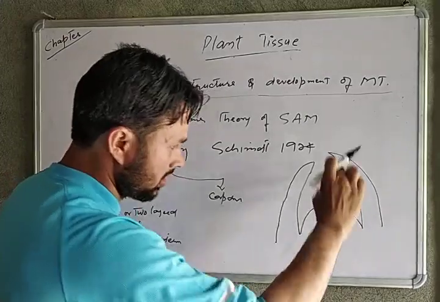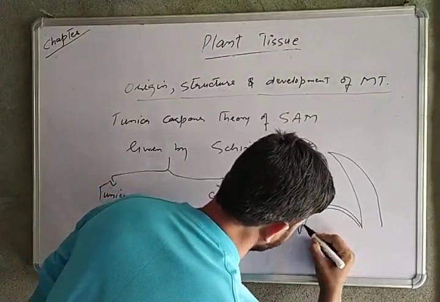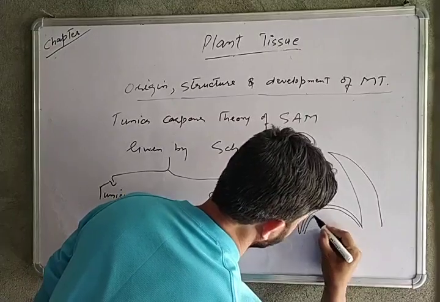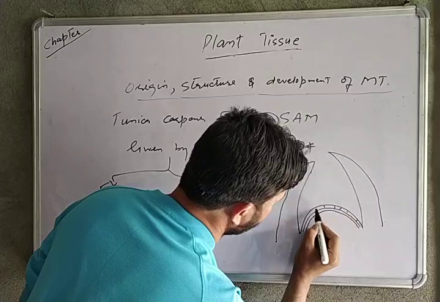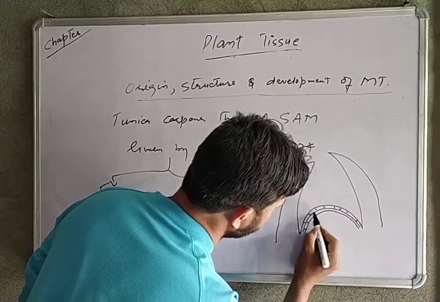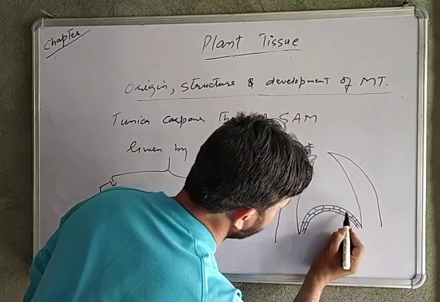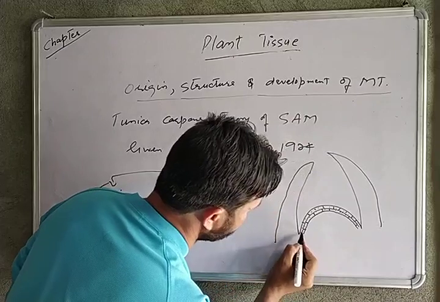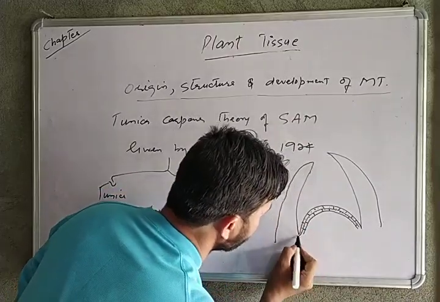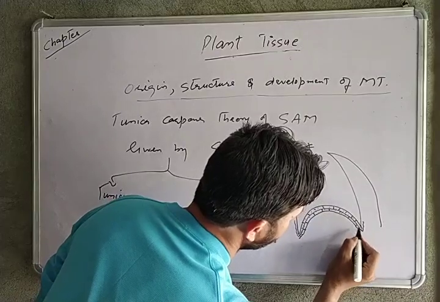These are the tunica cells. It grows here, it continues here.